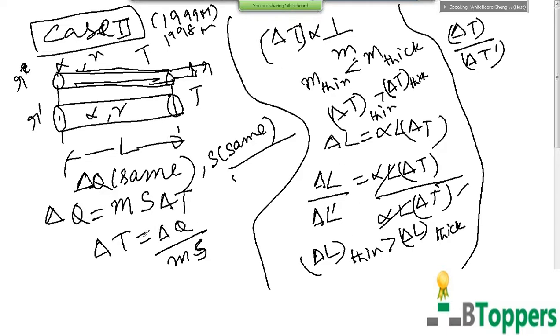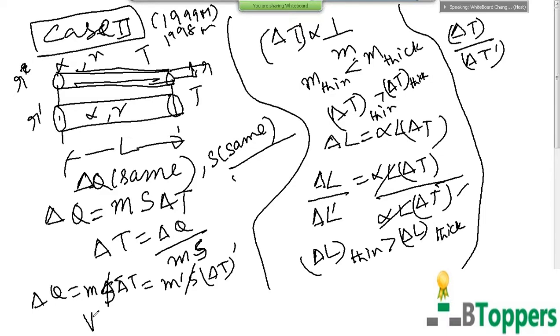Using this, because delta Q is the same, we can write delta Q for the first rod as m S delta T. So delta Q for the second rod is m dash S into delta T dash. m dash is the mass of the second rod. Specific heat S is the same for both the rods because they are made up of the same metal.